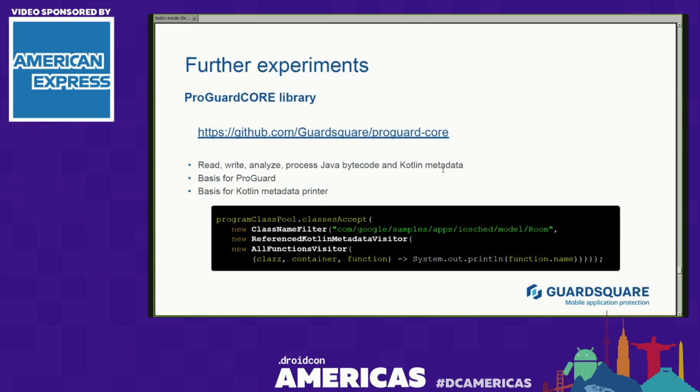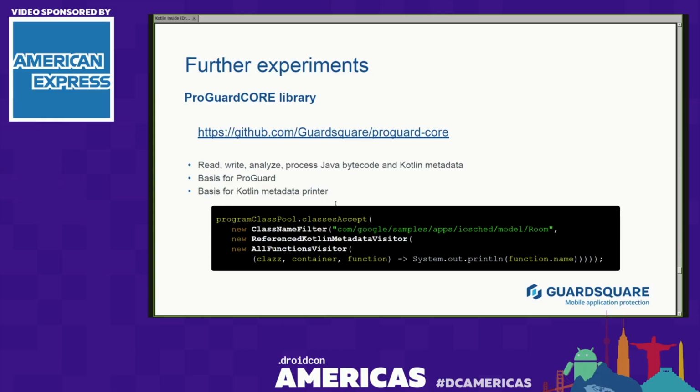It now supports Kotlin metadata as well, using JetBrains' metadata library. And it allows you to keep everything consistent, manipulate things. It's the basis for ProGuard, and it's the basis for our Kotlin metadata printer.